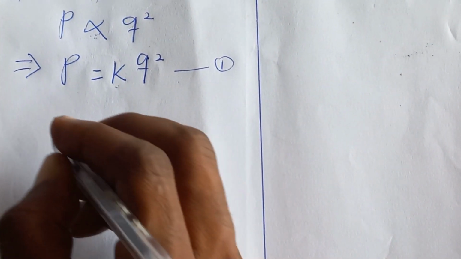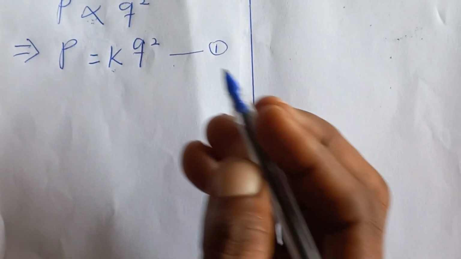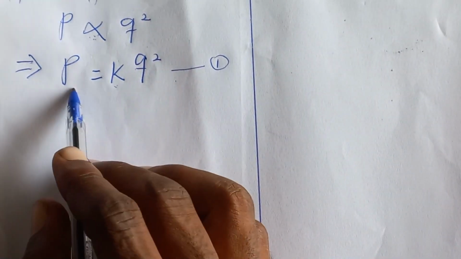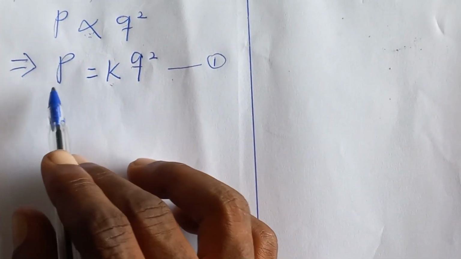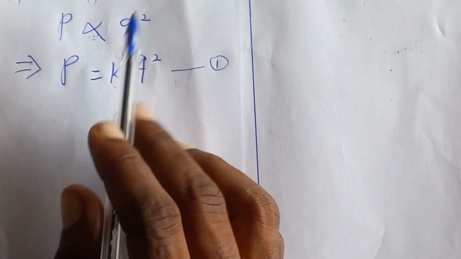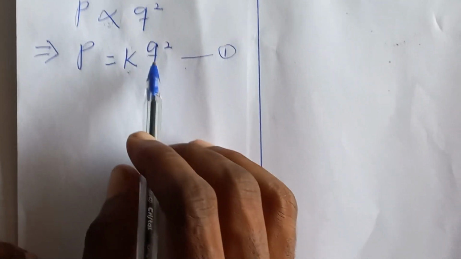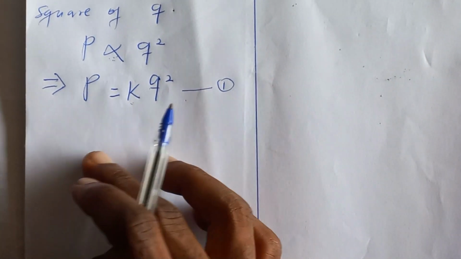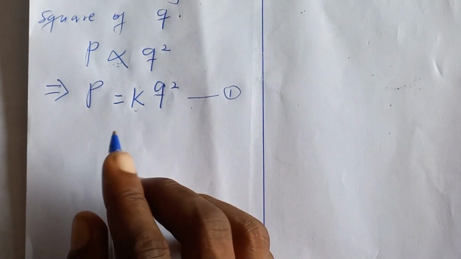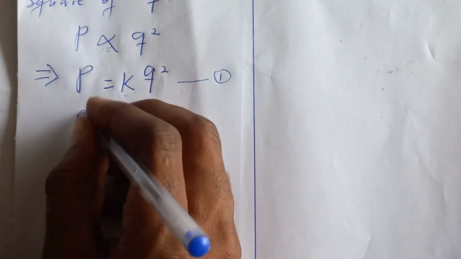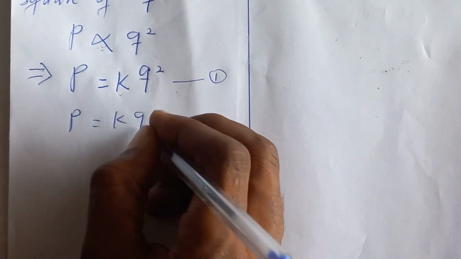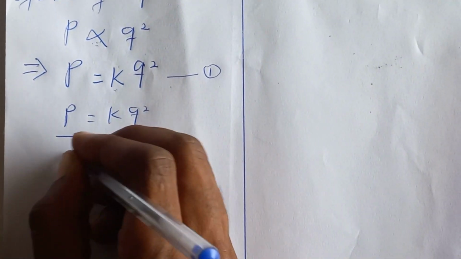You can choose to make k the subject from here, or you can substitute back the figures of P and Q. But with this, let's make k the subject. So P is equal to k Q squared. We divide both sides by Q squared.